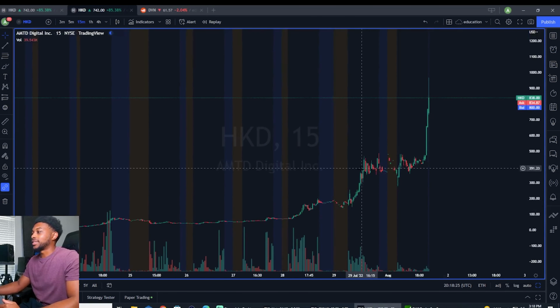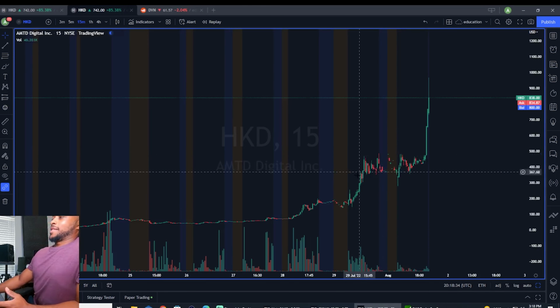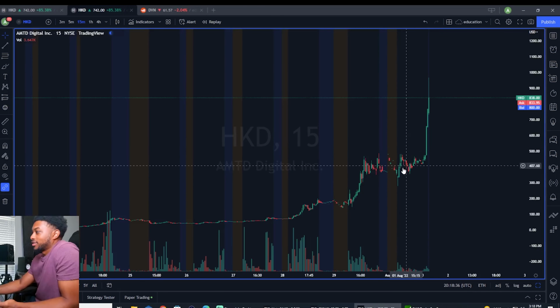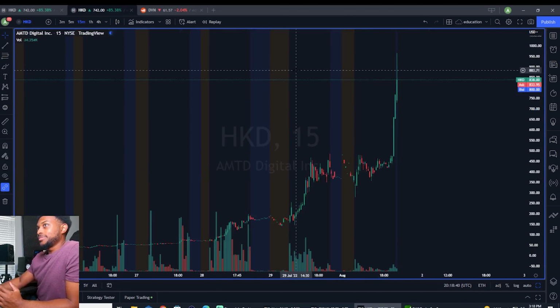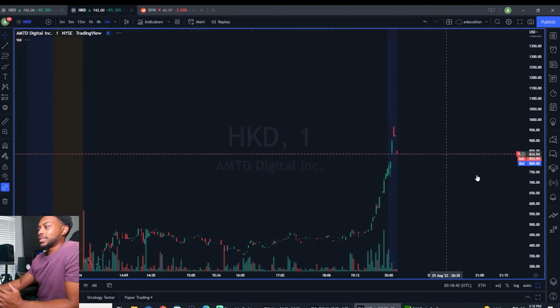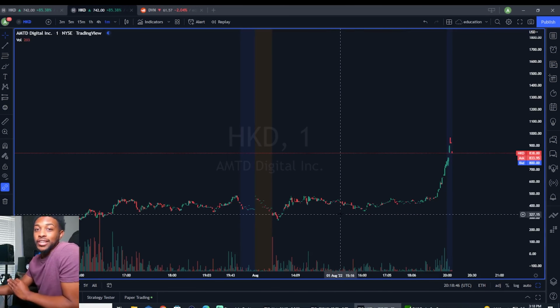Today this thing was just stuck in the range between basically 350 and 490, and it just played in between these ranges, right? The volume was not there. If you go to, let's say, a 1-minute chart, this thing had zero volume on it today.